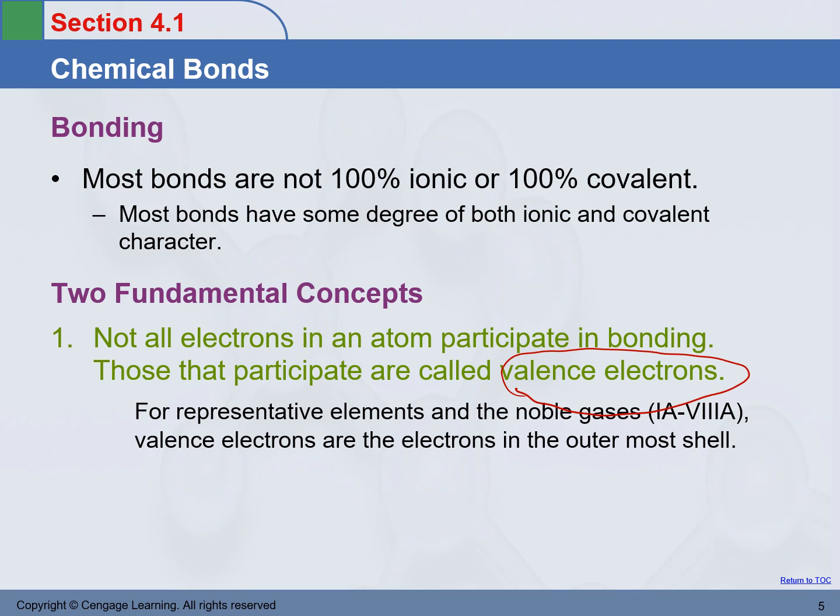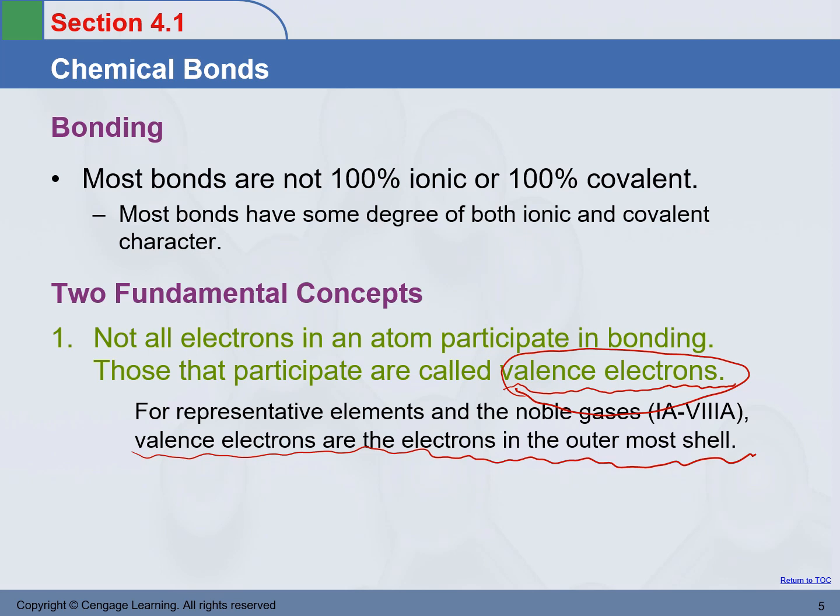Be clear. The definition of valence electrons is the electrons that are involved in chemical bonding. Many times you will hear people say that valence electrons are the electrons in the outermost shell of an atom. This statement is only true for a limited number of elements.